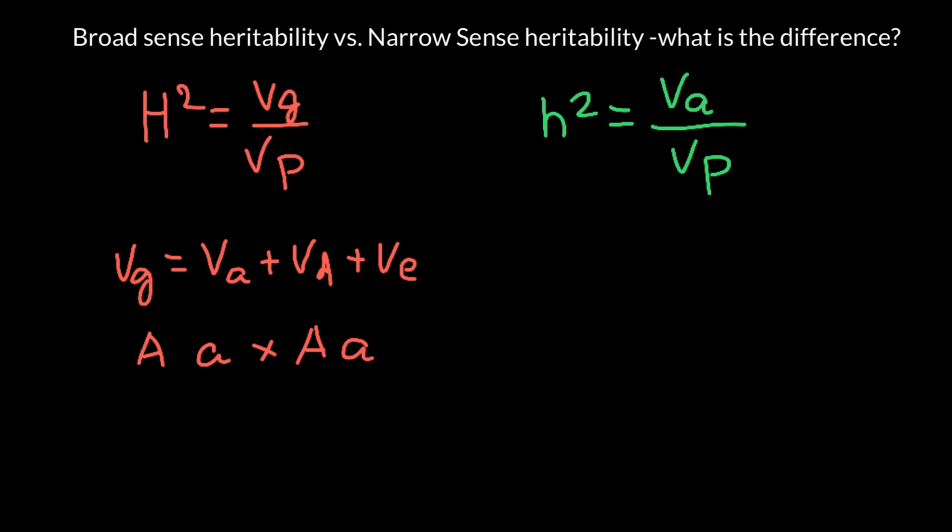And because this is an additive trait, let's say dominant allele A would add 2 centimeters, let's say this is a plant, and recessive allele a would add 1 centimeter to the height of the plant. So this is an additive trait.